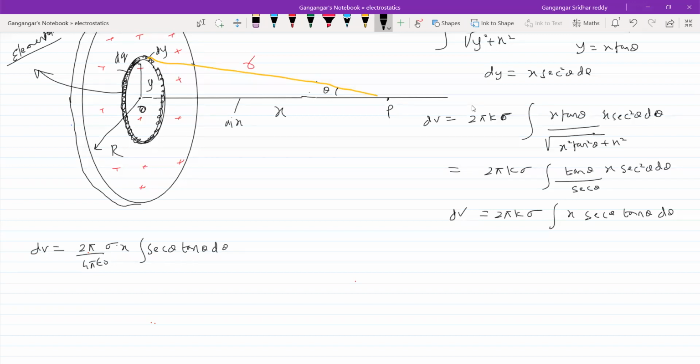The integral of secant theta tan theta d theta will be secant theta. So this will be sigma x by 2 epsilon naught secant theta. The limits, let me write here only, are 0 to capital R.